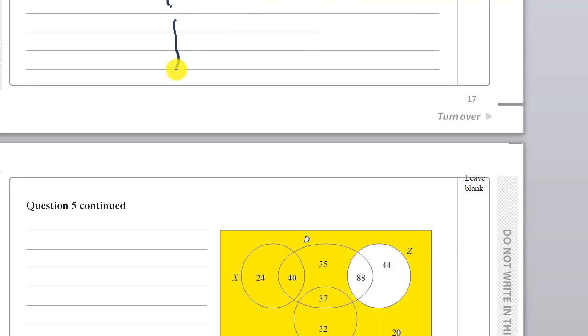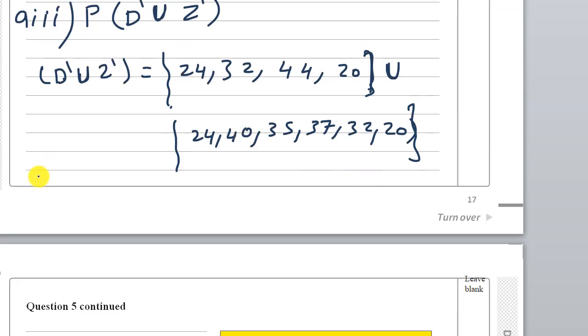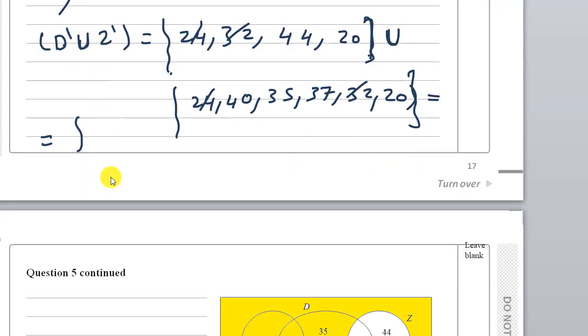Let us add this part, 24, 40, 35, 37, 32, and 20. Okay, so the union here is equal to now 24, 32, 35, 37, 40, 44, 20.